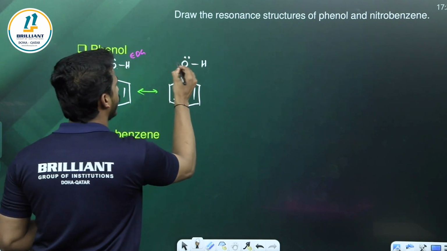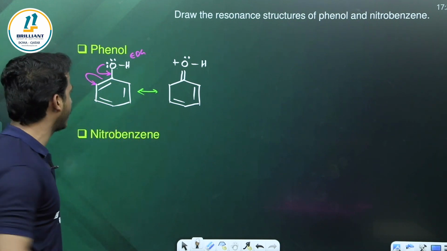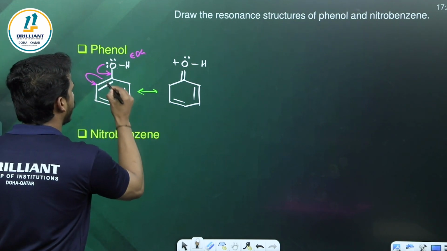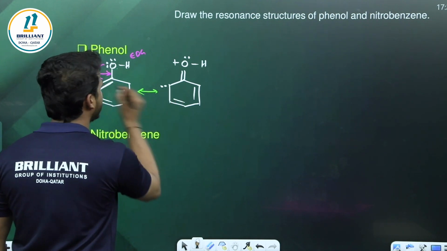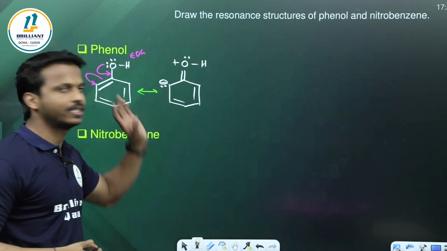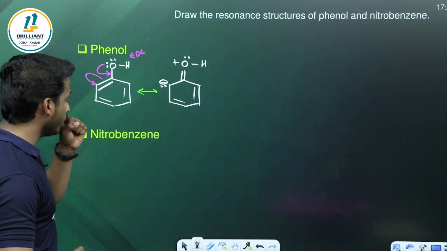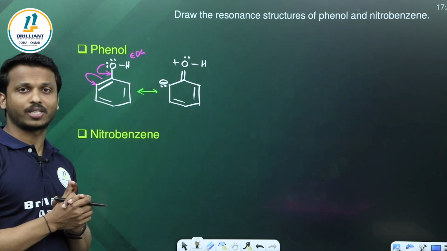Oxygen gives electrons, so it will get a positive charge. Yes or no? The one which loses electrons gets a positive charge. And this pi bond electron shifted to this one. You know, 1 bond equals 2 electrons. And this carbon gained electrons, so it will get a negative charge. So this is the first resonance structure of which one?